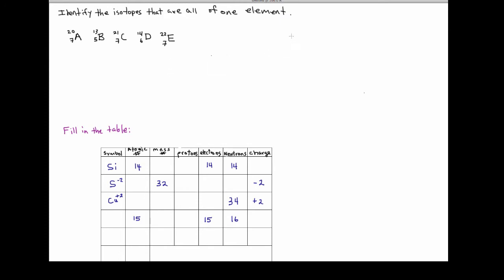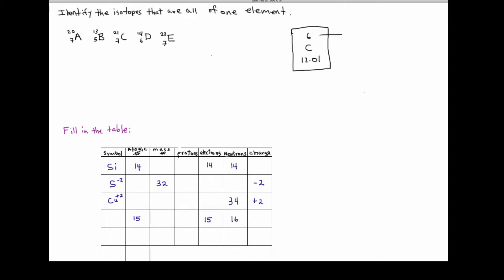So there's basically two pieces of information that we're going to need to do both of the problems here. The first is to make sure that you understand how to use the periodic table. So I'm going to pull out the box that deals with carbon, and there are two numbers in this box that we need to pay attention to.